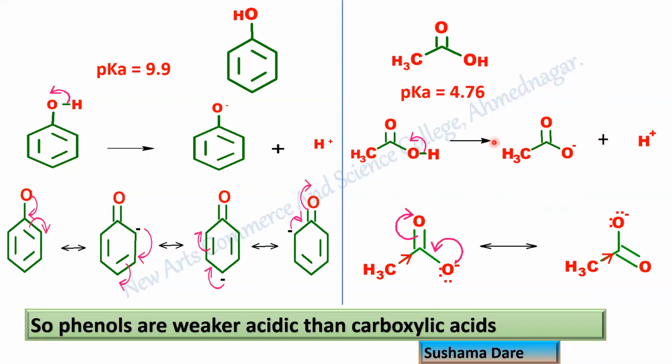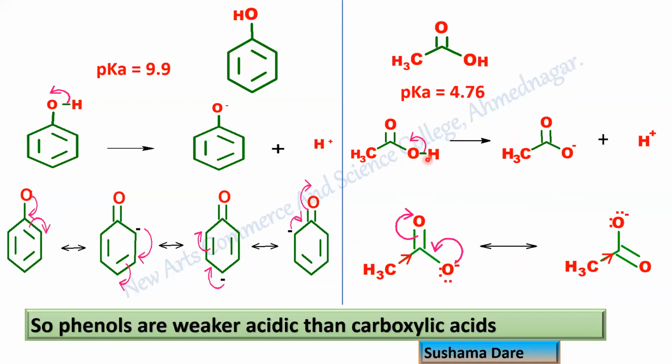The resonance possible, that is the electron withdrawing resonance shown by the carbonyl group, is more effective as compared to the resonance observed in that case due to the aromatic ring. Because of that, this dissociation is fast. If this dissociation is fast, it indicates the oxygen hydrogen bond is weak as compared to phenol.